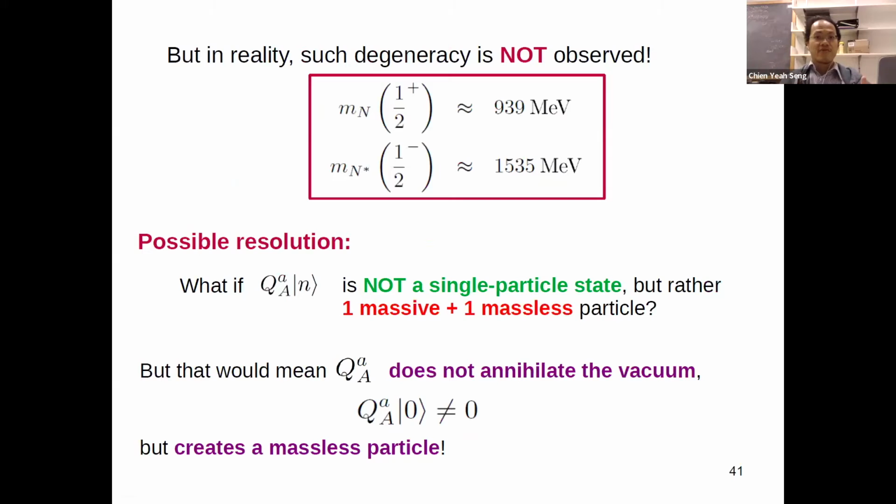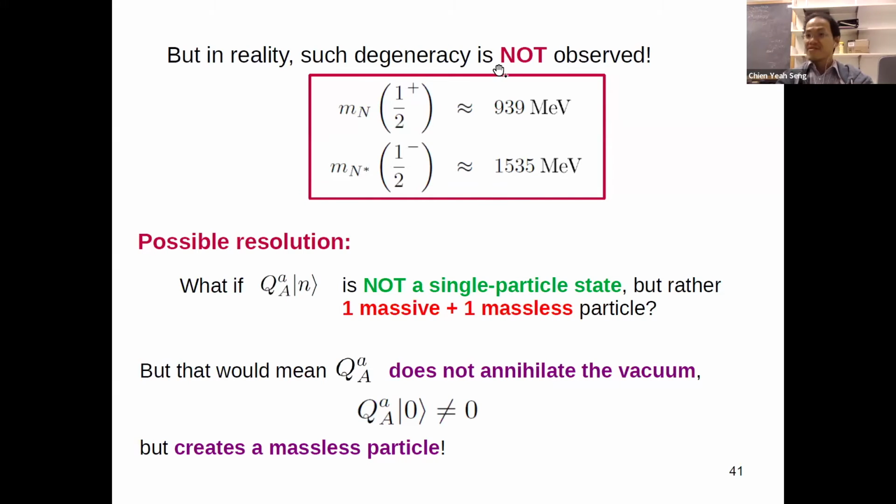But in reality, we do not observe such degeneracy. Namely, for instance, if we take the nucleon, which is spin half and with positive parity, you see that it is 939 MeV. But if you look everywhere in the Particle Data Group to find the lightest baryon of the opposite parity and same spin, you find that the lightest one is 1500 MeV.